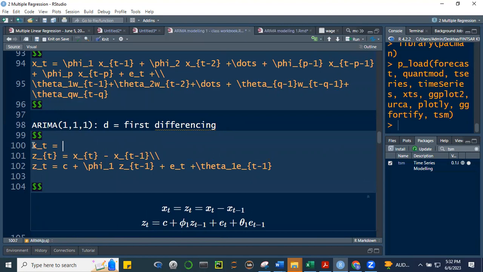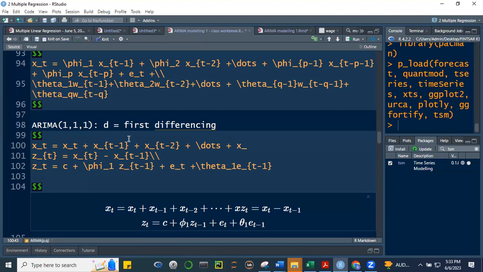Okay, that's equal to x sub 1 plus x sub t minus 1 plus x sub t minus 2, okay, plus, and you have your dots, and you have your plus x sub t minus n.